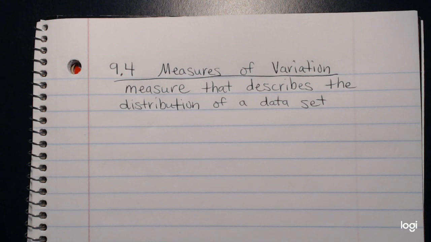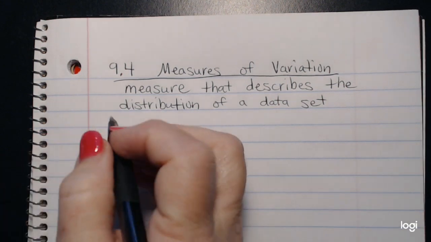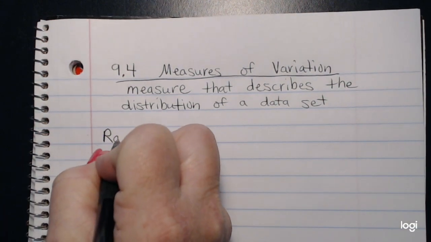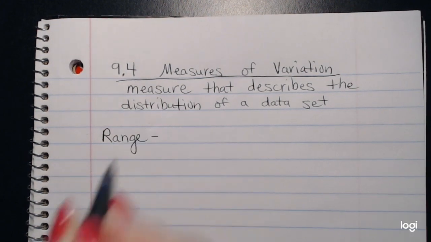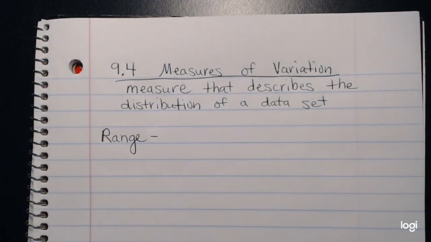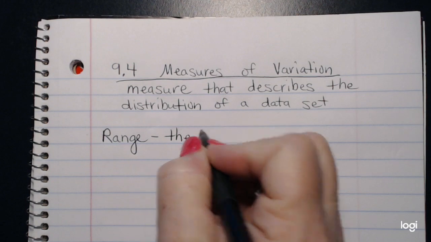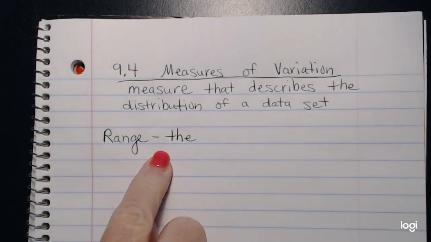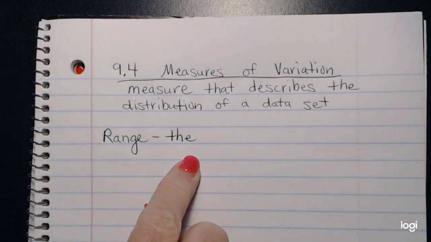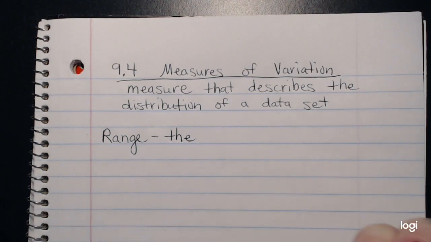You probably are very familiar with the next term that I'm going to give you, and that is the word range. The range is the difference of the greatest value and the least value.